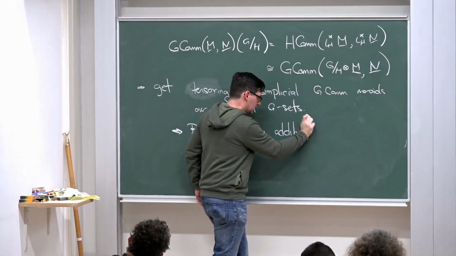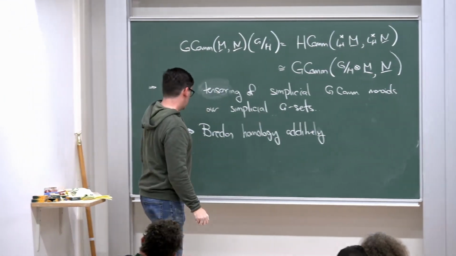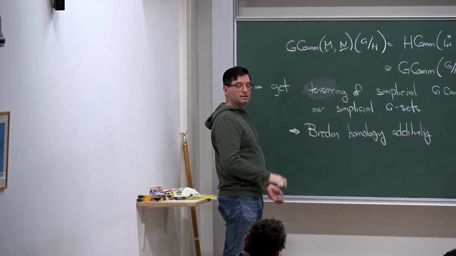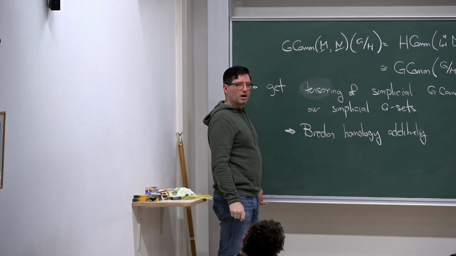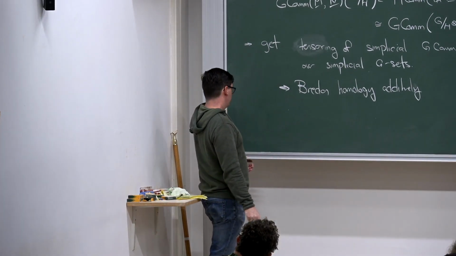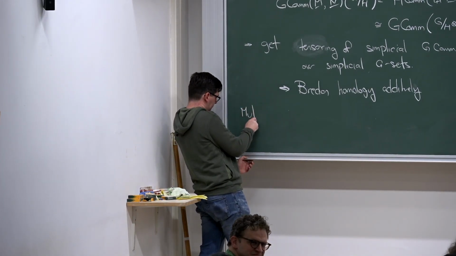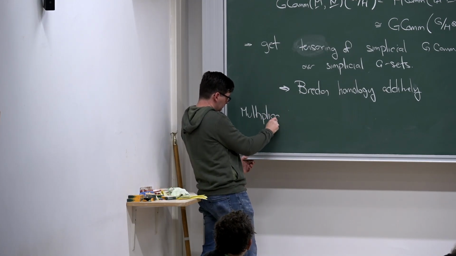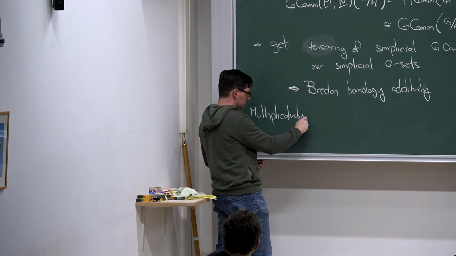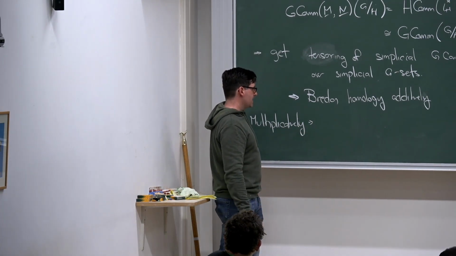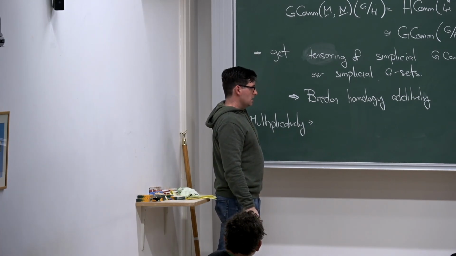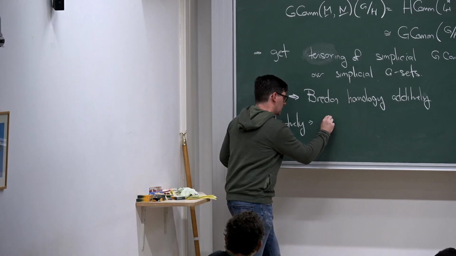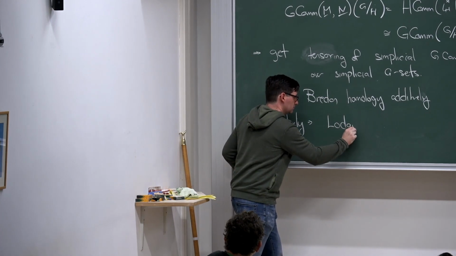If instead I was working multiplicatively, and I can probably talk about Tambara functors in a minute. So multiplicatively, then I get sort of a Lode type construction.